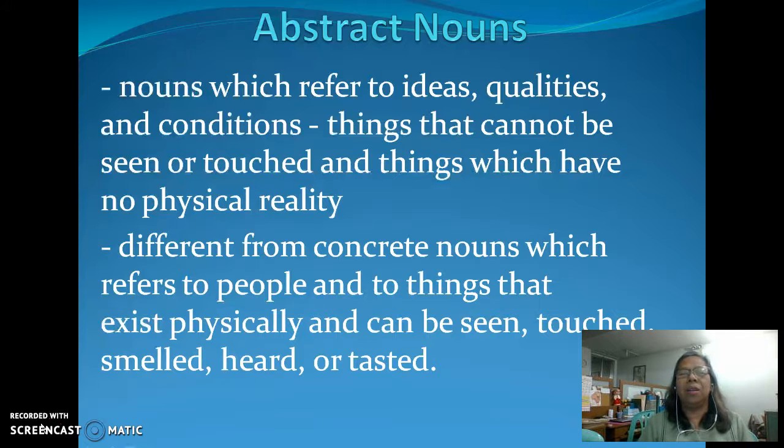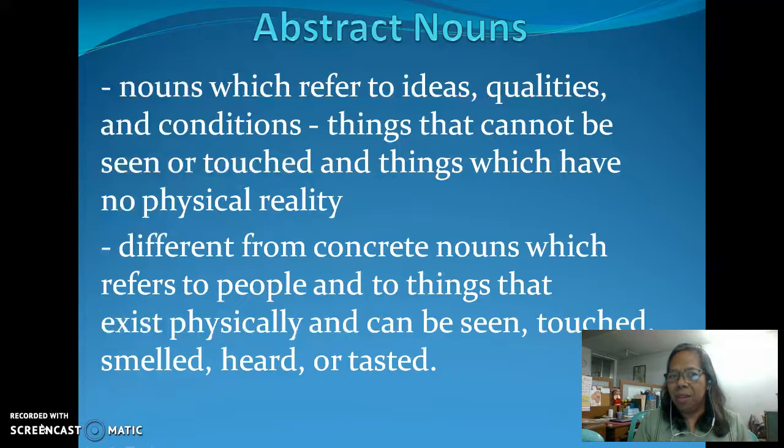This is in contrast with the concrete nouns which we have studied prior to this, which refer to people and to things that exist physically and therefore can be seen, touched, smelled, heard, or tasted. Okay?